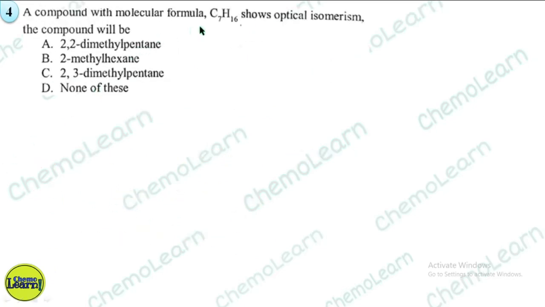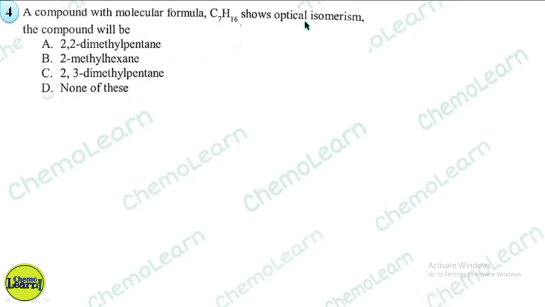A compound with molecular formula C7H16 shows optical isomerism. The compound will be 2,2-dimethylpentane, 3-methylhexane, 2,3-dimethylpentane or none of these.